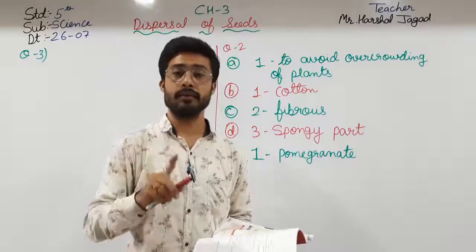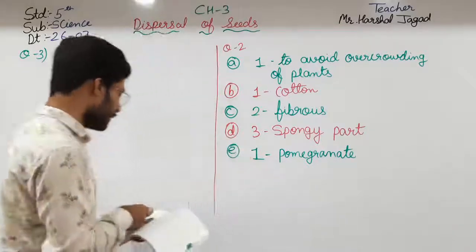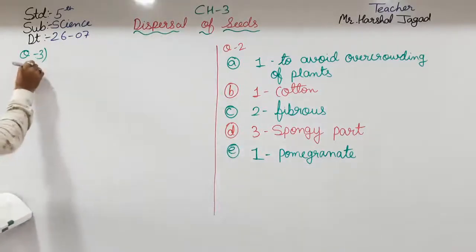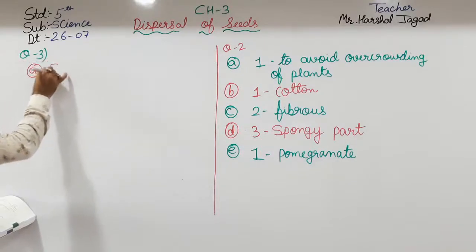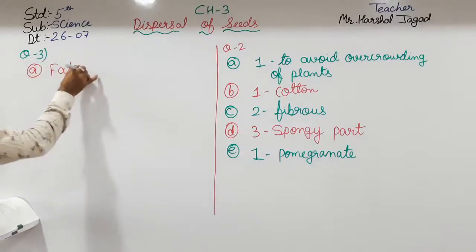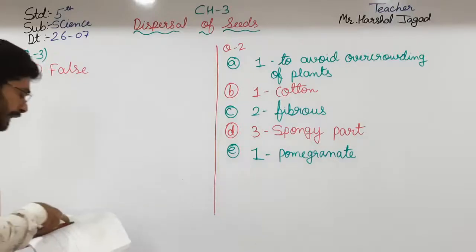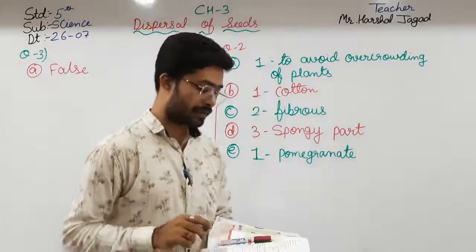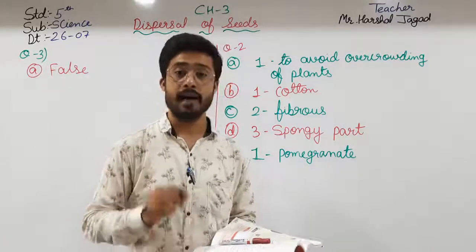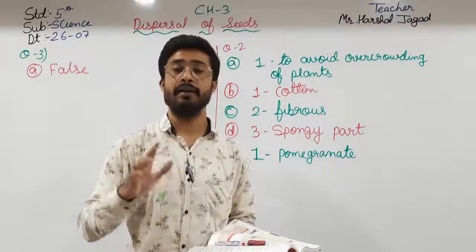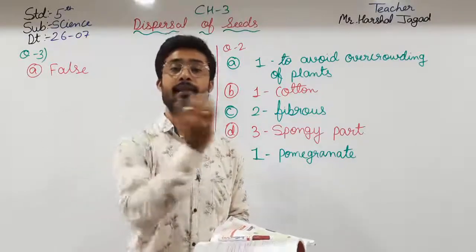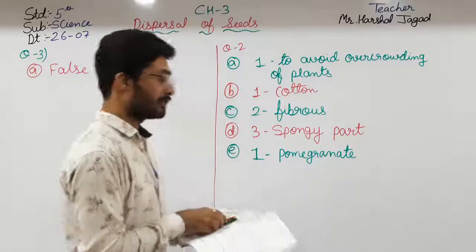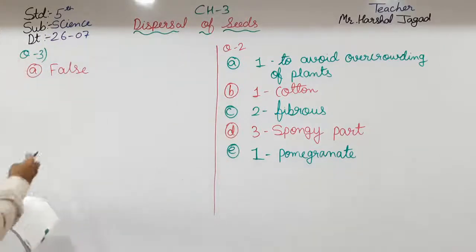No, it is through seeds. So this is false. Second, B, the seeds of dandelions are heavy. No, they are not heavy. They are so light that they can easily move with the wind. So this is also false.